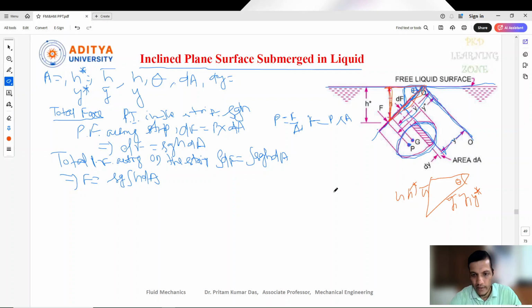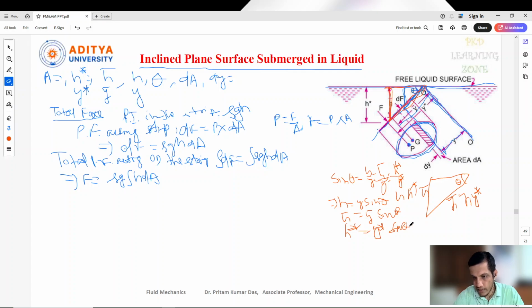So sine theta equals h by y, equals h bar by y bar, equals h star divided by y star. So h equals y sine theta; similarly h bar equals y bar sine theta, and h star equals y star sine theta. These are the terms I can write from this triangle.